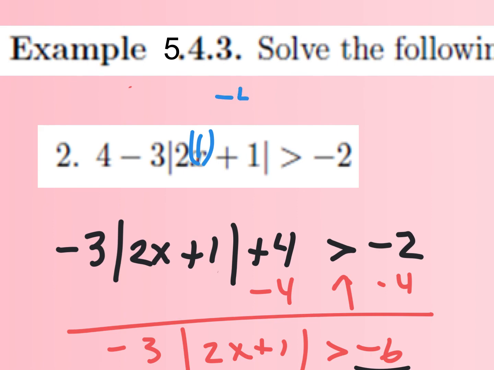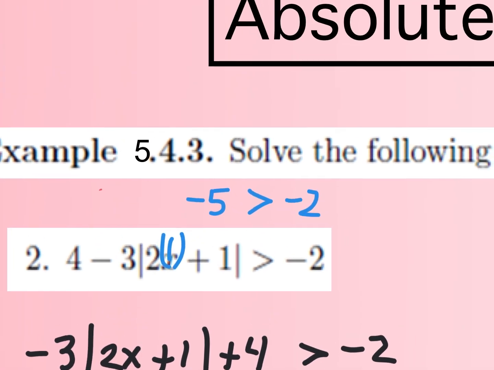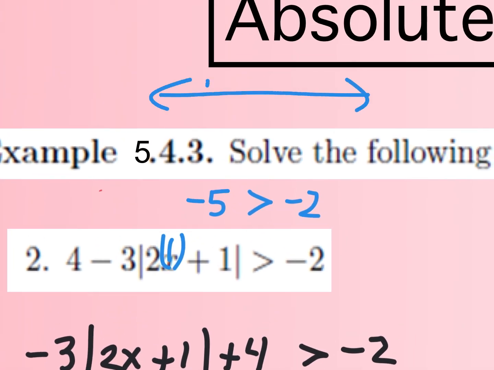Did you get -5 is greater than -2? And I know these can be confusing because you've got negatives and what's bigger in negative land. Well, if you think of this on a number line, here's where -2 is, and here's where -5 is, and things that are further to the right are bigger.